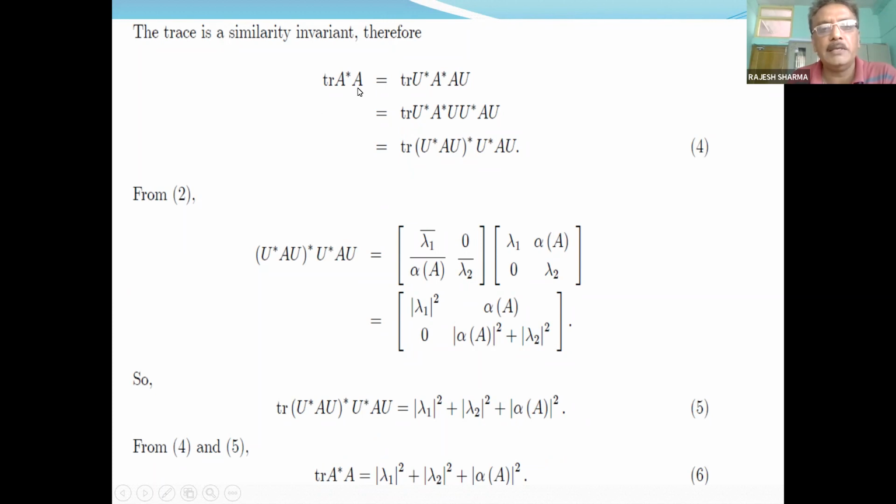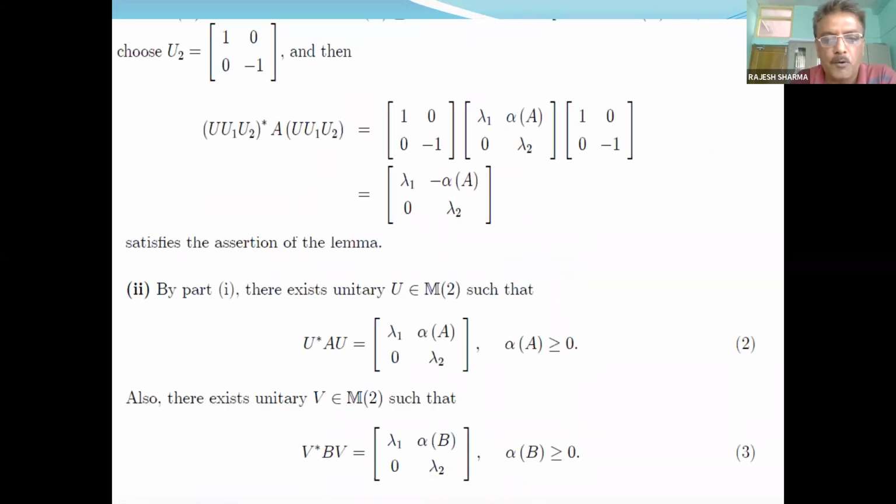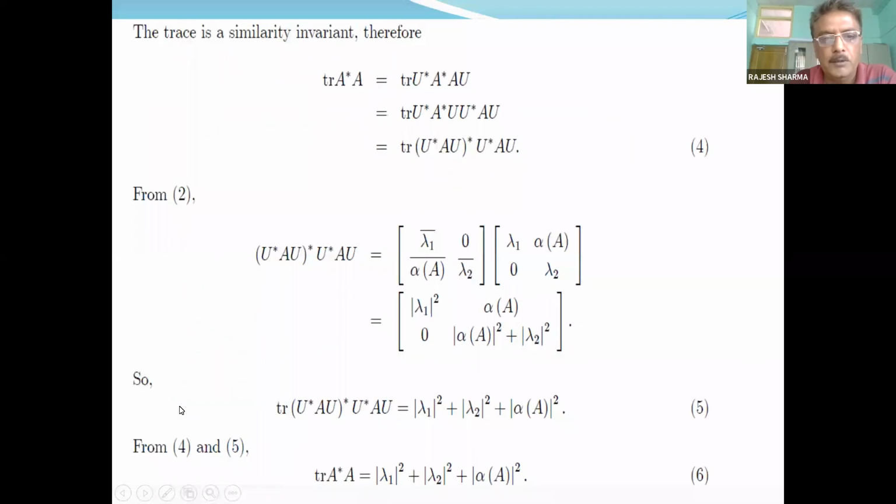Now trace is similarity invariant. Therefore, we can write trace A star A as trace U star A star U. In between this, we put UU star because this is identity. Then this gives trace U star AU star U star AU. Now from 2, that is from here, we calculate U star AU star, then U star AU. This comes out to be this matrix.